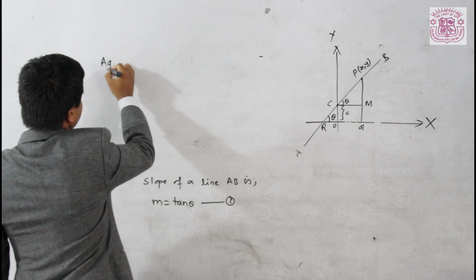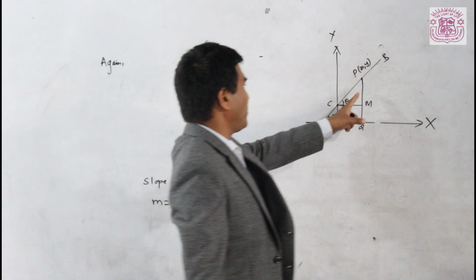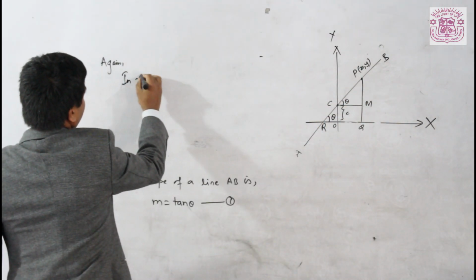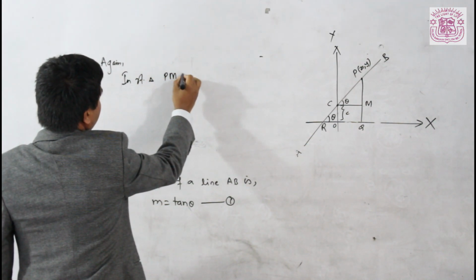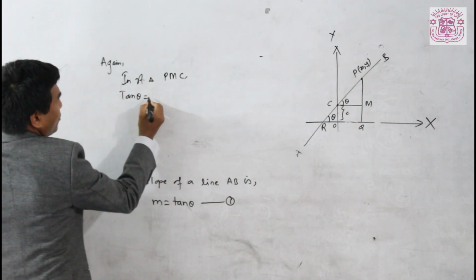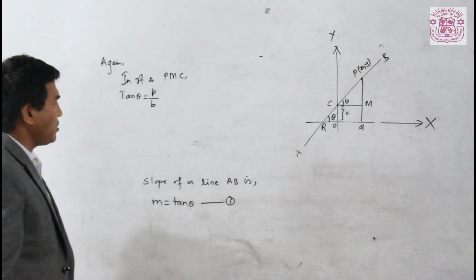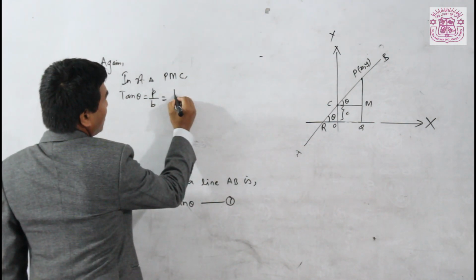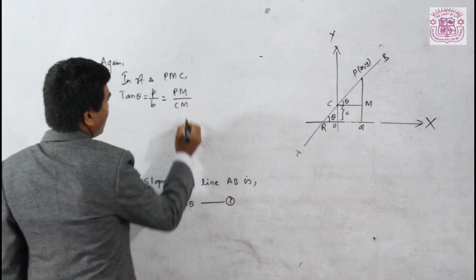Again, considering the right angle triangle PMC, we can write tan theta equals perpendicular upon base using trigonometry. So the perpendicular is PM and the base is CM from the figure.